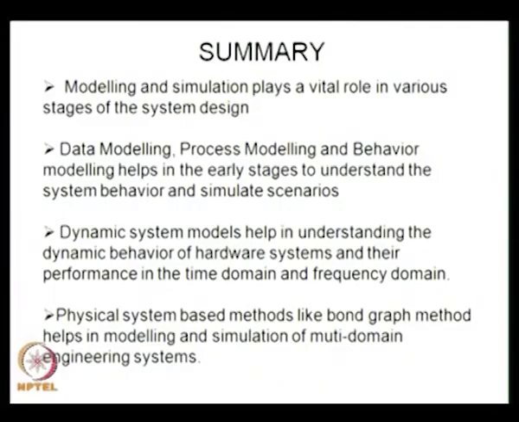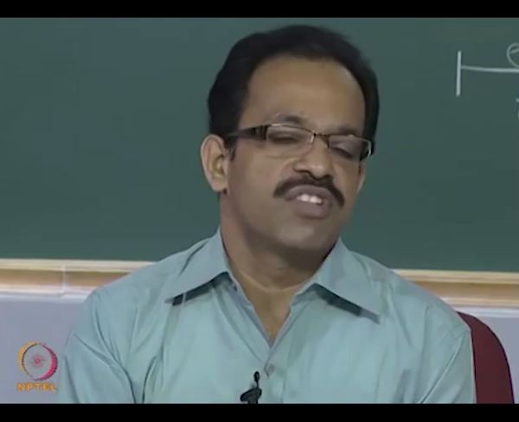Then we discussed dynamic system modeling, especially when looking at the dynamic behavior of mechanical systems or electrical systems or a combination of these. We saw there are a few methods to do that. Mathematical modeling can be used, or we can go for physical system based modeling like bond graph methods. The bond graph method helps in modeling and simulation of multi-domain engineering systems. That concludes this lecture on modeling and simulation.